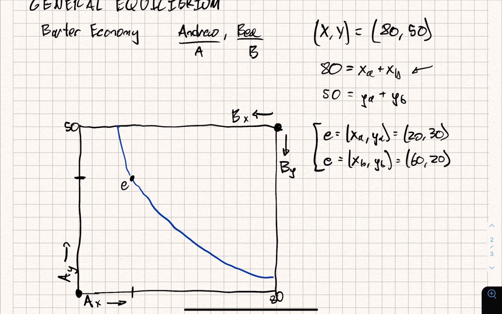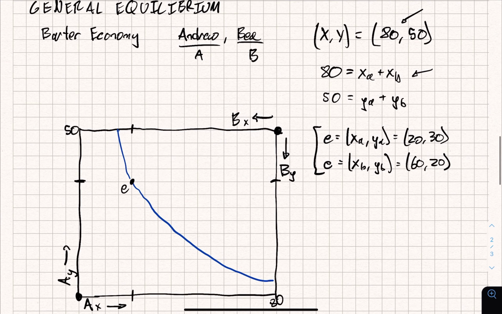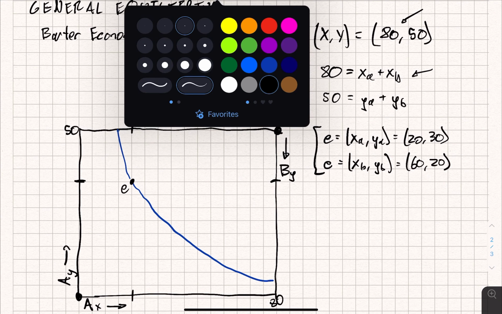We have two individuals on the same graph, which represents the space of all possible allocations. For the moment, we're going to abstract away from where we get 80 and 50, but we will come back to that. That's going to result from the production possibility frontier. But for now, we just need to look at these two individuals and think about how we make them as well off as possible.